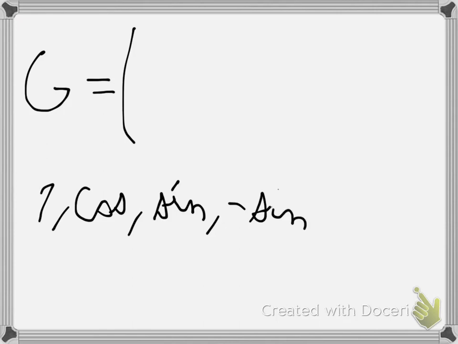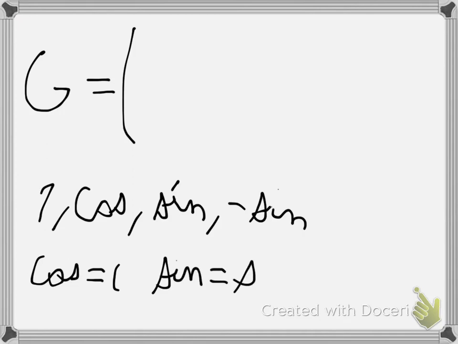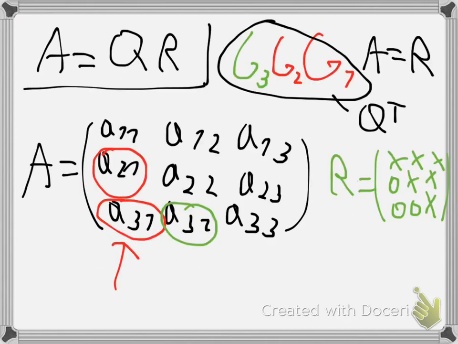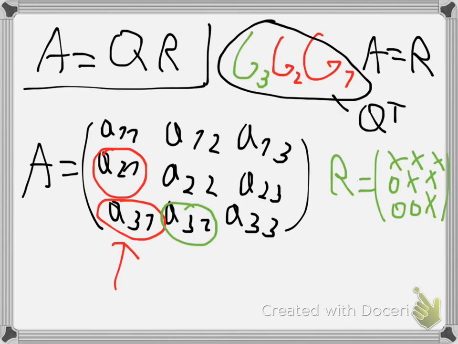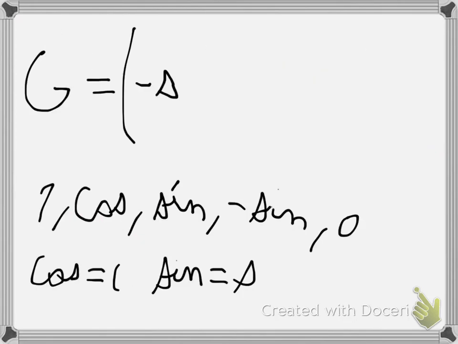For cosine, we generally write just the letter C to make it simpler, and for sine, we write S. And you will have, of course, also lots of zeros. Basically, at the place of the element that you want to eliminate, you will always place the negative sign. Let's say we want to eliminate A21. We will put a negative sign in the second row, first column.